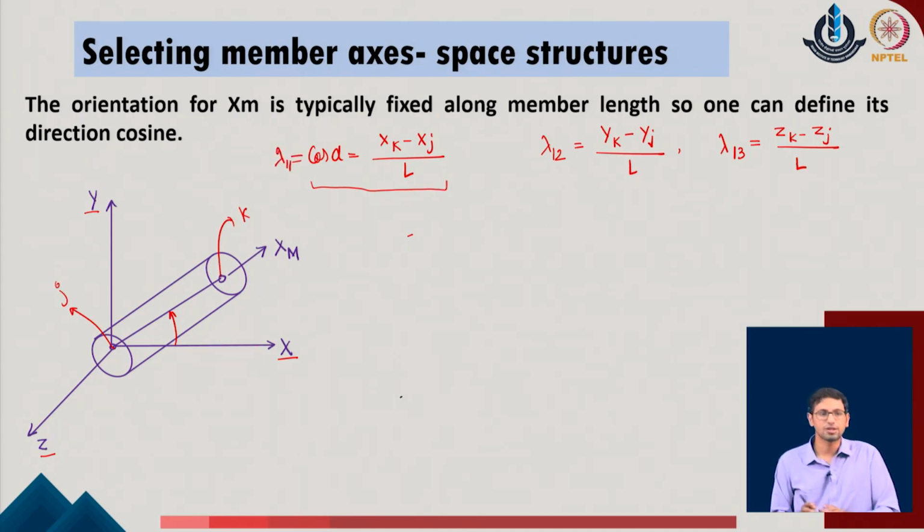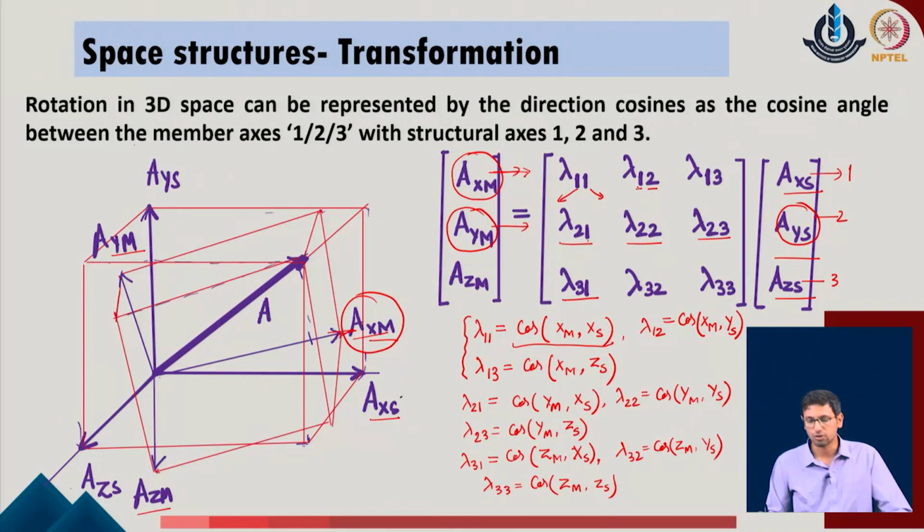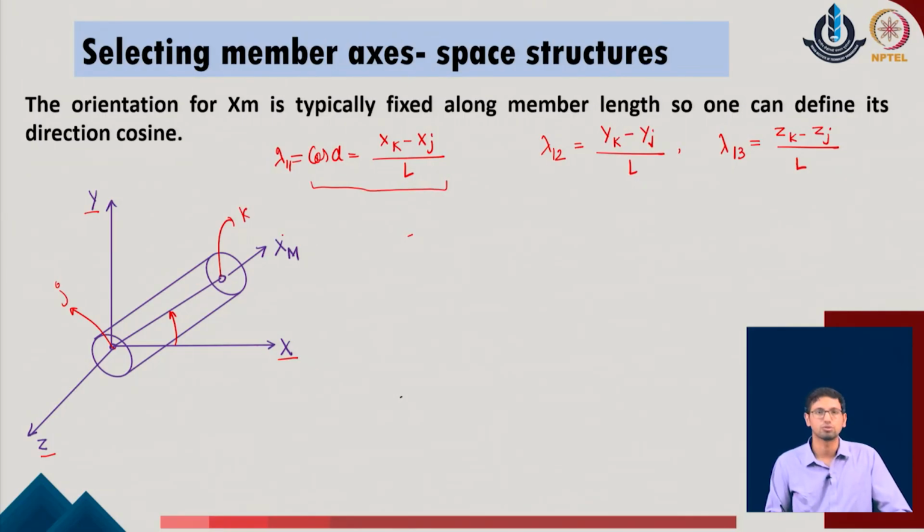Of the 3 values identified, at least the first row is easier to define, provided that the member axis 1 is considered along the length of the member itself.